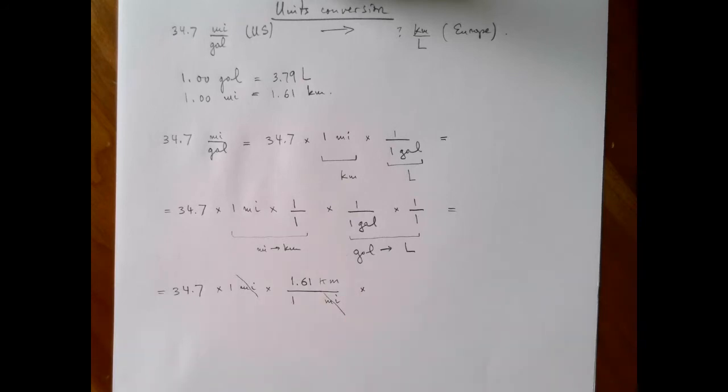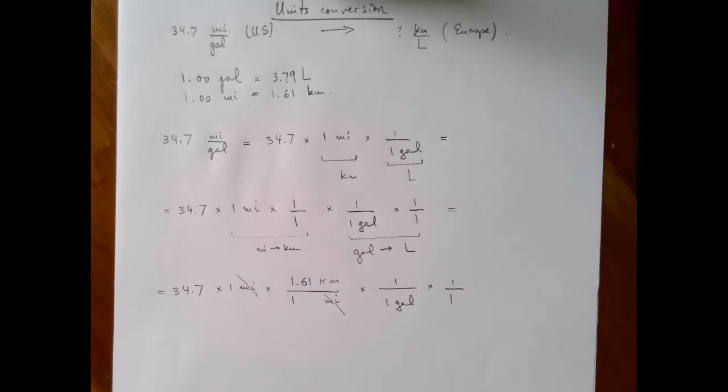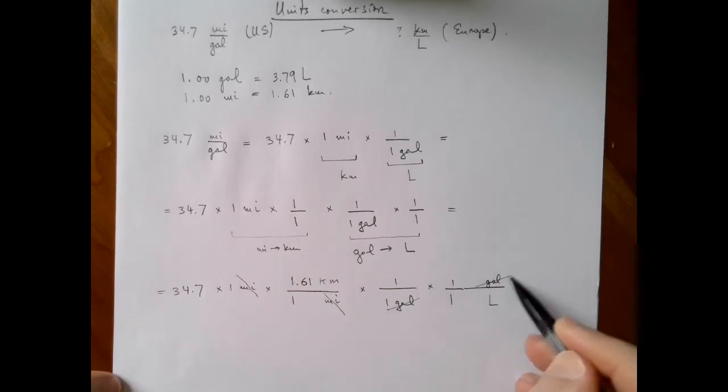Similarly, for the gallon to liter conversion, I have 1 over 1 gallon, 1 over 1, but I know what I want. I want here to have gallons, and I want here to have liters, because the gallons will cancel out.